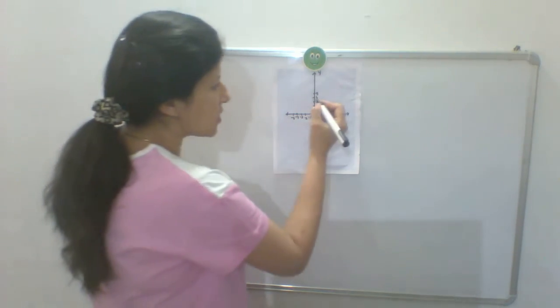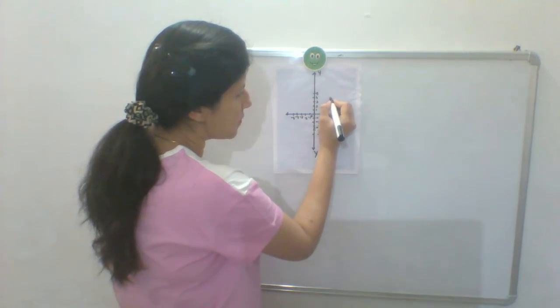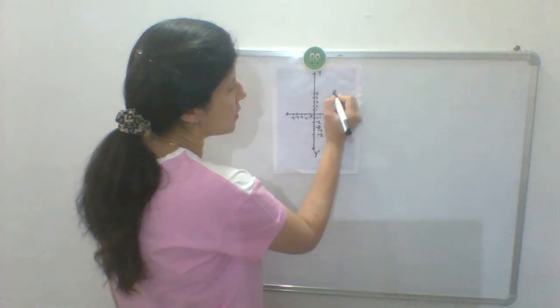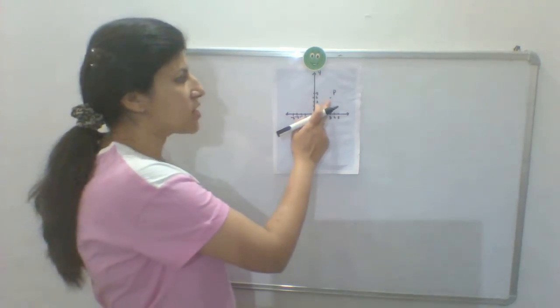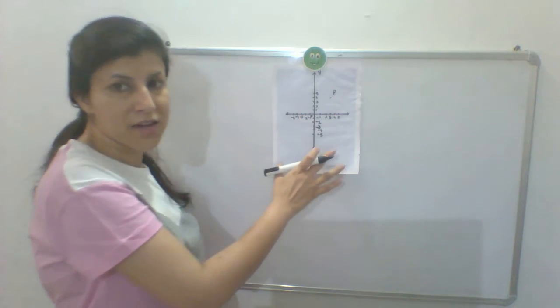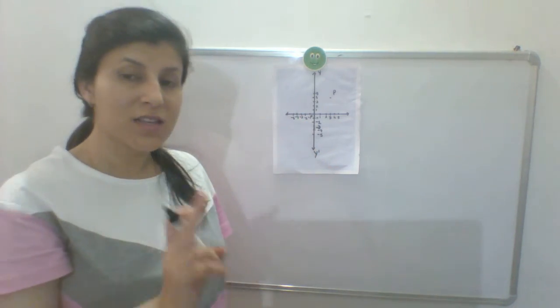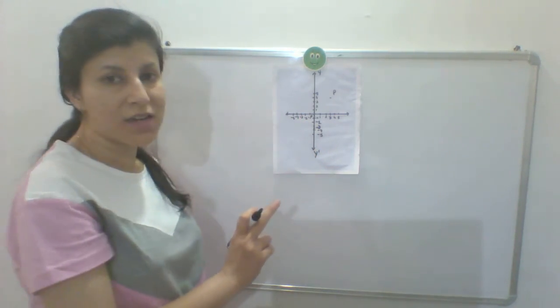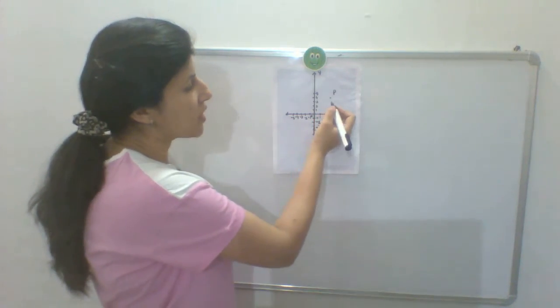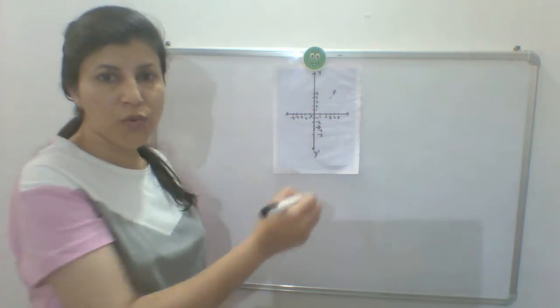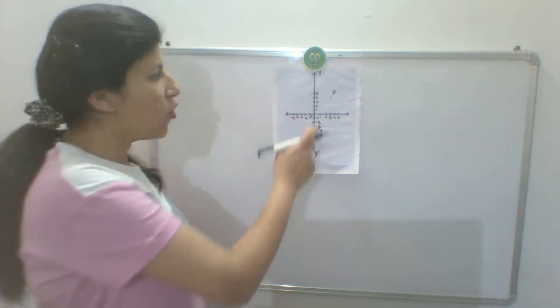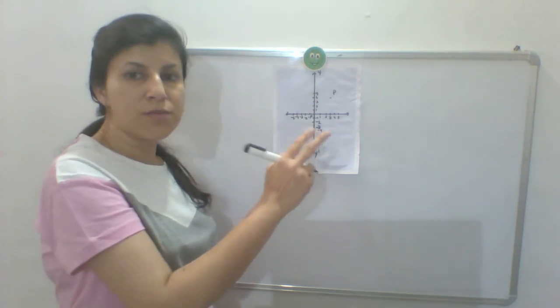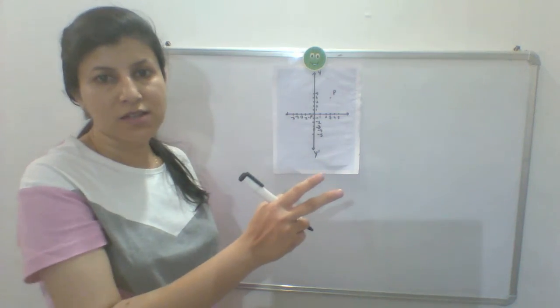Now let me take one point here, P. How can we find out the position of this point P in this plane? As I told you at the beginning, to find out the position of a point in a plane, we need to find out the perpendicular distance of this point from two perpendicular axes, right?